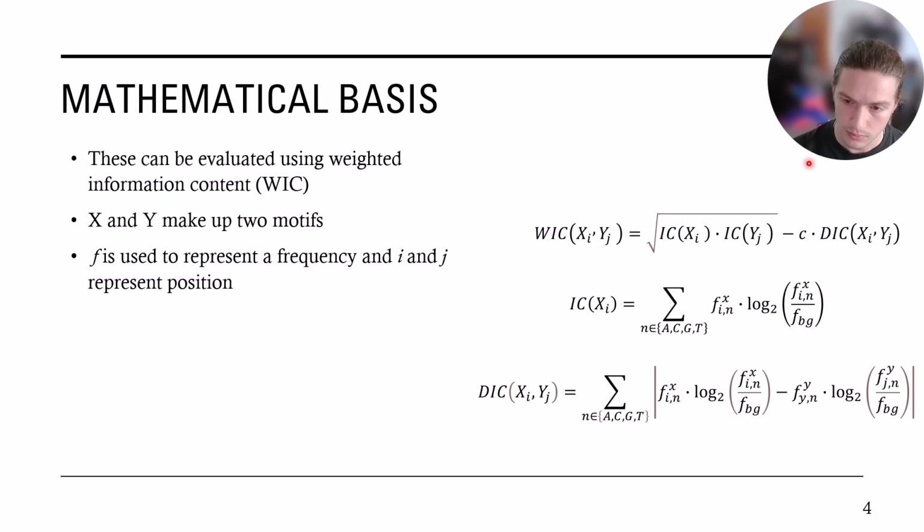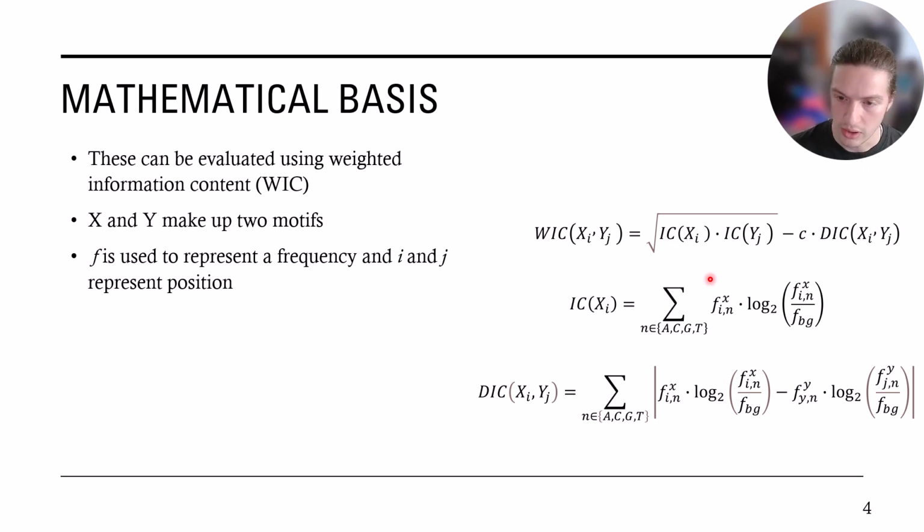And then for information content, we have this value here, which is looking at the frequency of a nucleotide appearing in position i, or if you're looking at motif y, in position j.